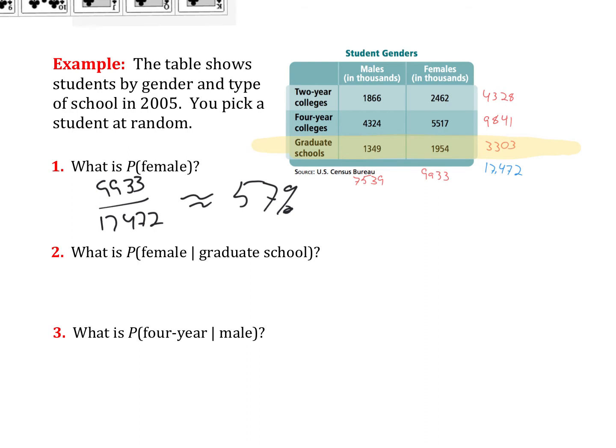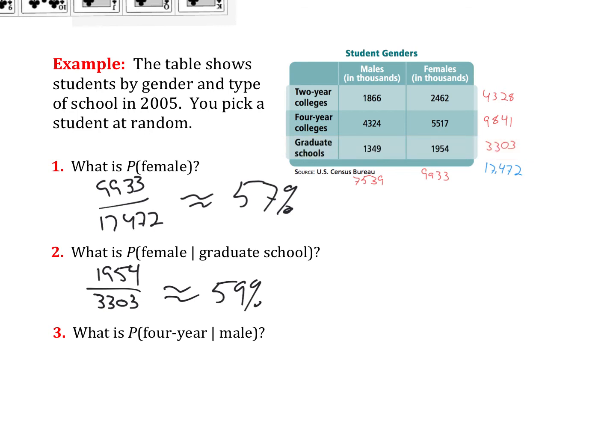So of those total 3,303 graduate school students, 1,954 of them were female. So anytime we're dealing with that conditional probability, we're narrowing our focus. So it'd be 59%, roughly.